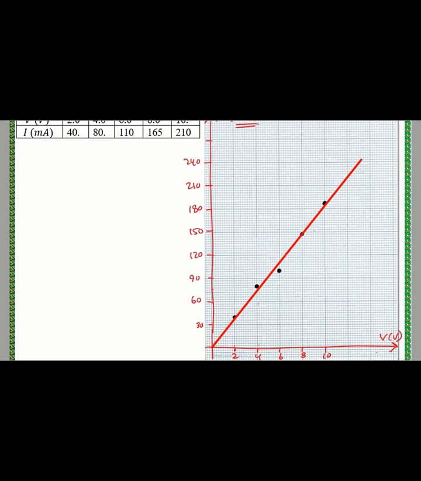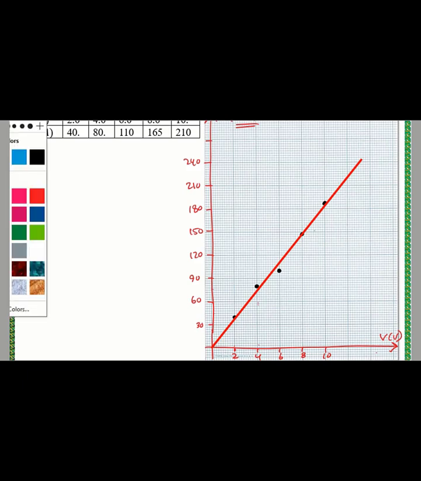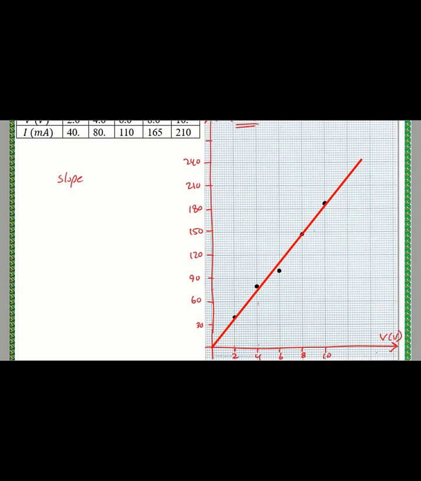Now, if you find the slope of this, or the gradient, delta vertical over delta horizontal. So the slope equals, take 2 points on this line. The most convenient one is 0, 0.